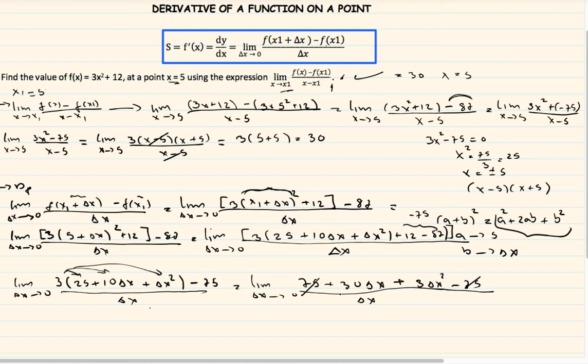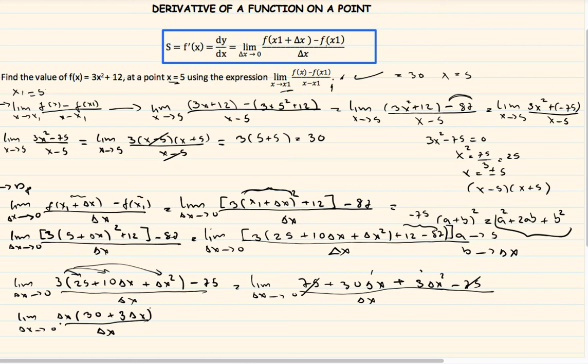The 75s cancel, and still we cannot replace delta x by 0, but we can take delta x as a common factor, and as a result we have the limit as delta x tends to 0 of delta x into 30 plus 3 delta x, divided by delta x.